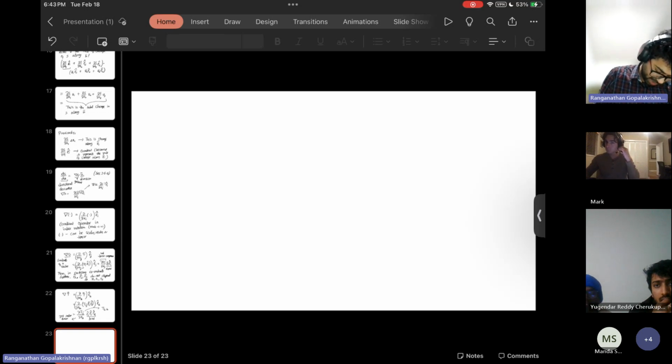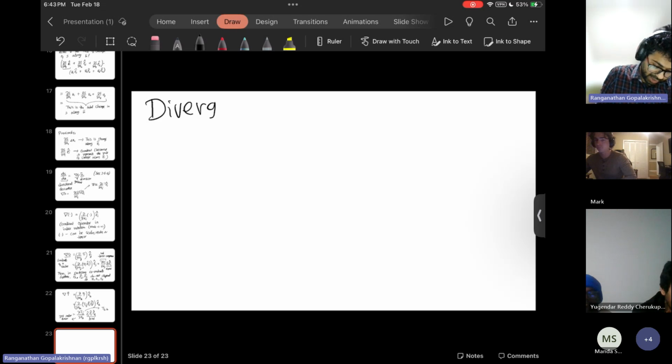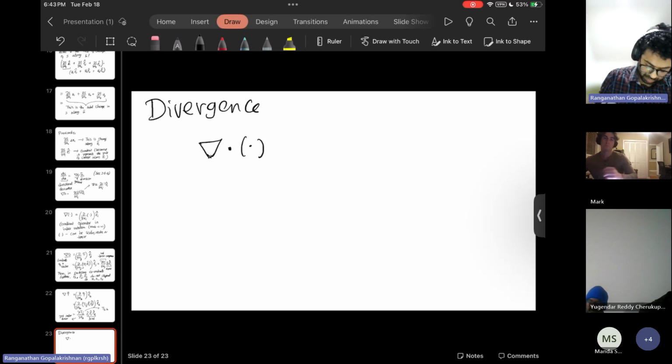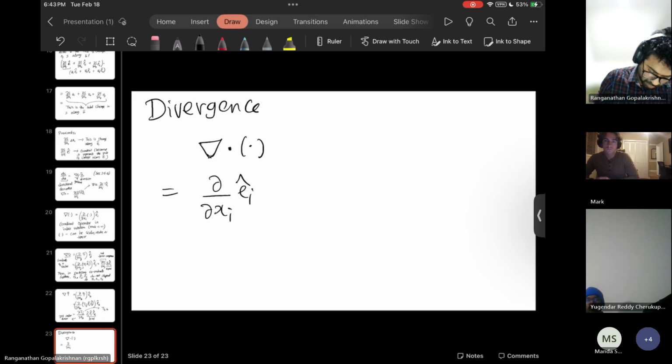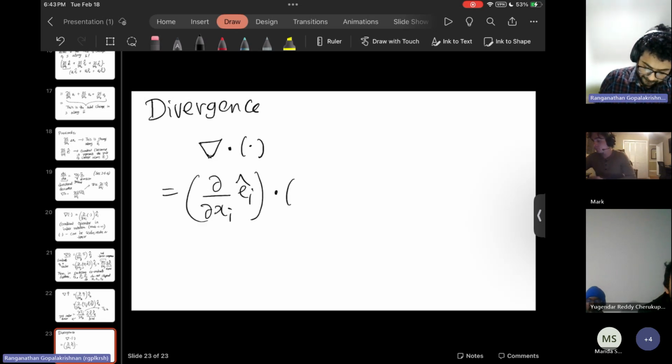So we saw gradient. The next operator we are going to see is divergence. I did write curl as the second, but I'll go to divergence and then come back. Okay, so divergence is an interesting operator. Divergence is defined as this: del dot something. What is del? That is partial over partial xi ei, and that is dotted with something.